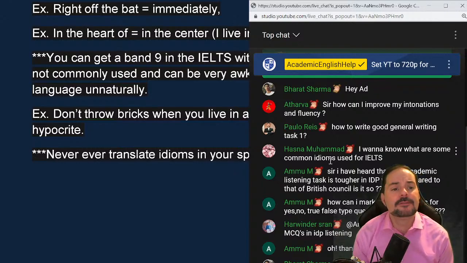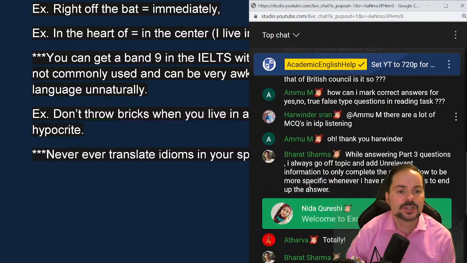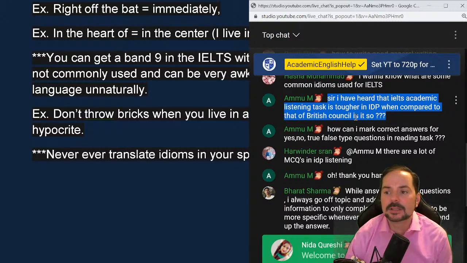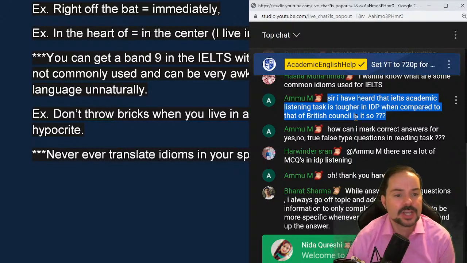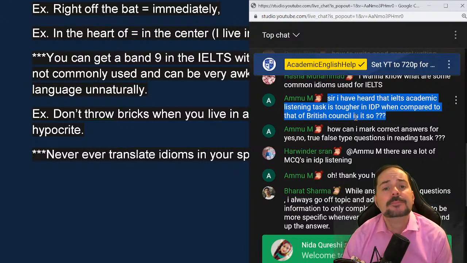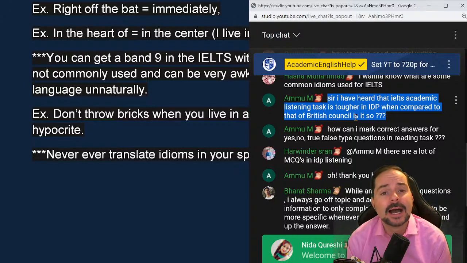Amu says, sir, I've heard that IELTS academic listening task is tougher at IDP when compared to British Council. No, it's not true. It's the exact same listening. The materials, Amu, are created by Cambridge ESOL Examination Board. It's not created by British Council or IDP.